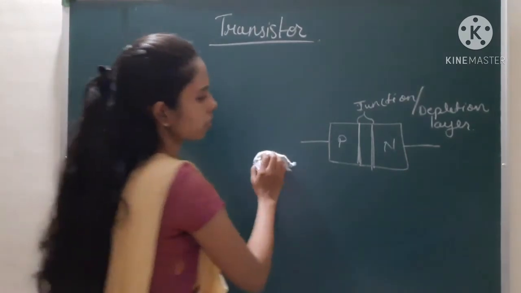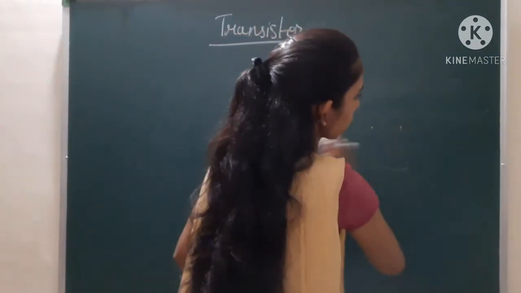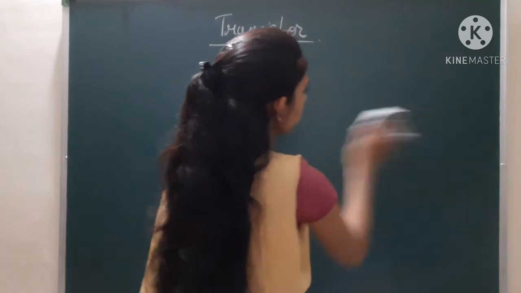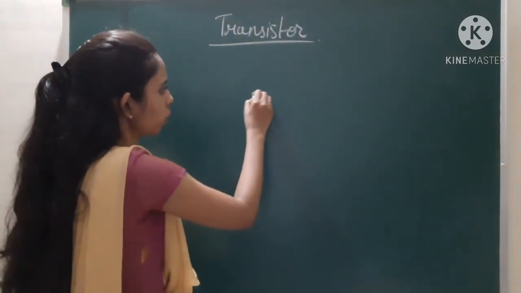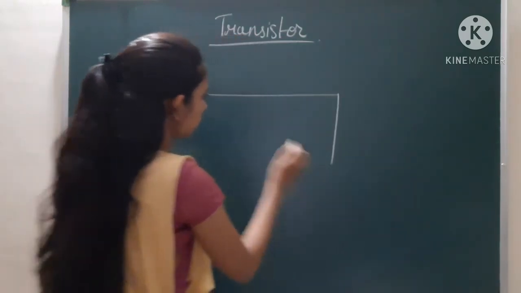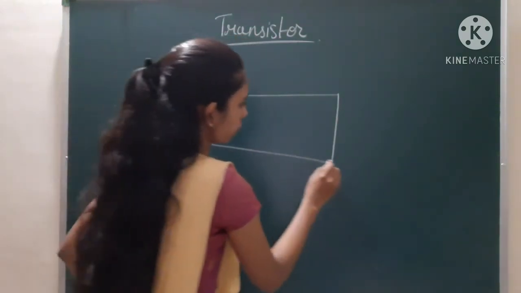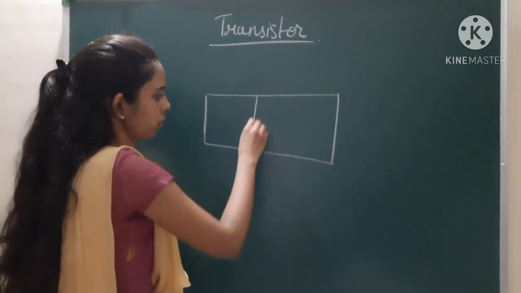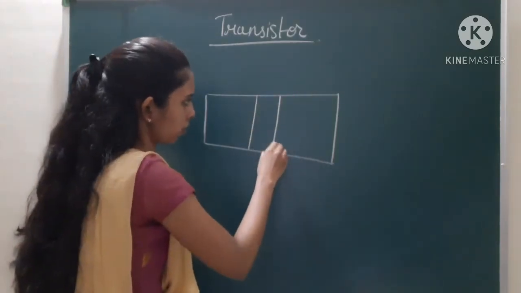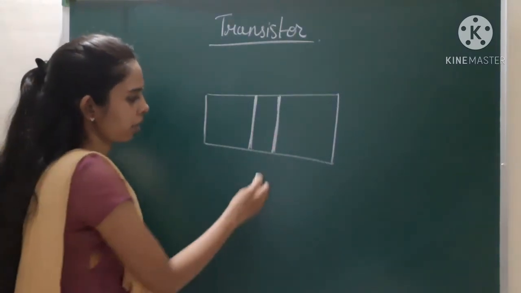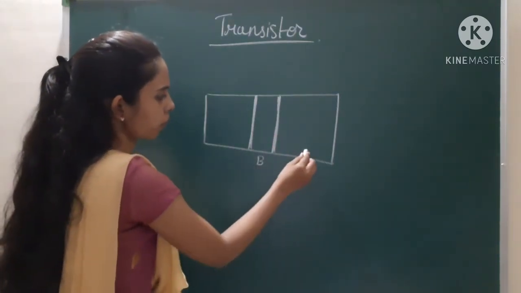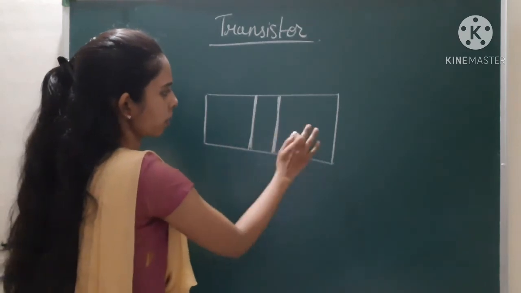So in a transistor, we are using three semiconductors. One semiconductor is sandwiched between the two, this way. This is the middle semiconductor which is sandwiched between two semiconductors.